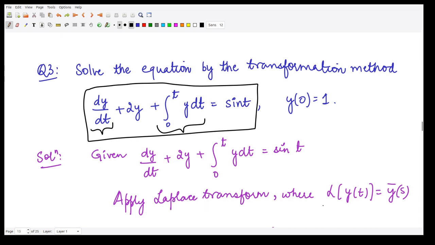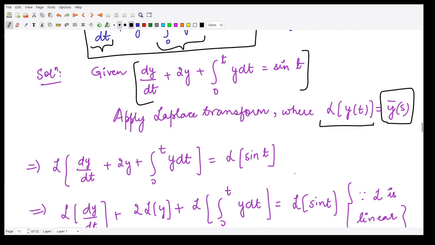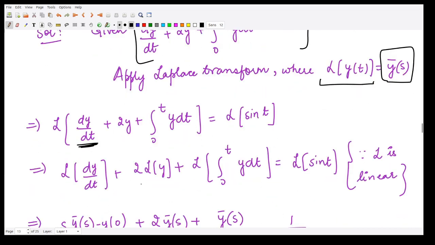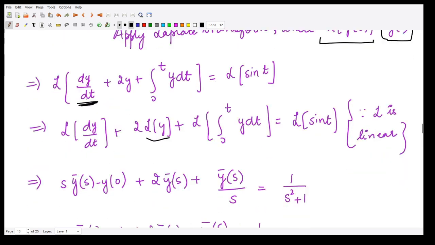So here the Laplace transform of y of t is given by y bar s. This is our assumption. So in that case, when you apply Laplace transform onto this equation on both sides, you have the Laplace transform for this derivative plus the Laplace transform of y, so let me go term by term. When you solve the derivative for this first term, that is going to be equal to this particular quantity, and you can substitute the value of y of 0.